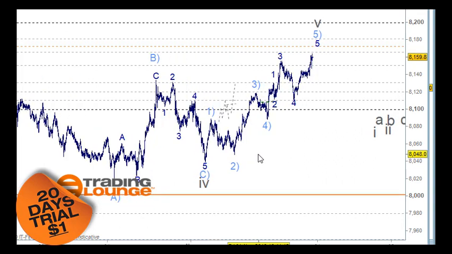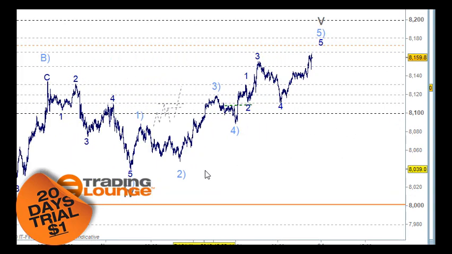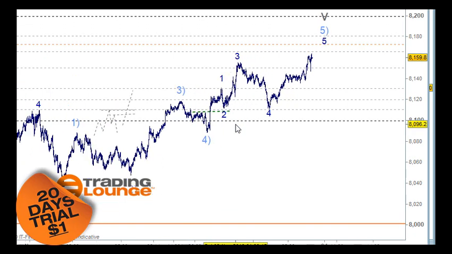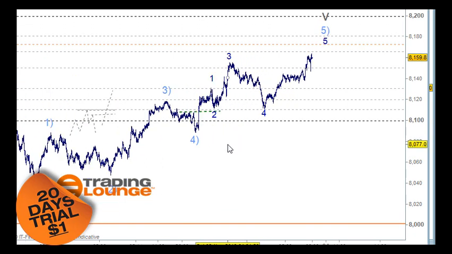But what I can glean from here as well is that we've got 1 and 2 and 3 and 4 and 5 here for the third wave, and the fourth wave here is fine, and then this next wave is a little bit dodgy here, so I'm not quite sure how I need to treat this here actually.